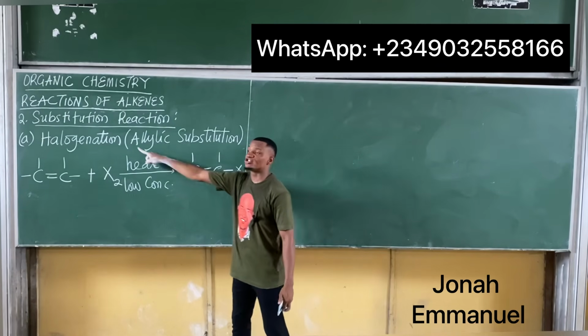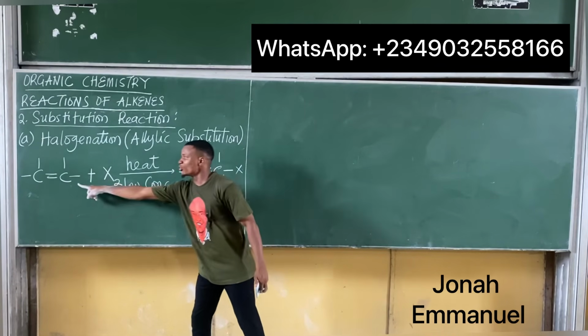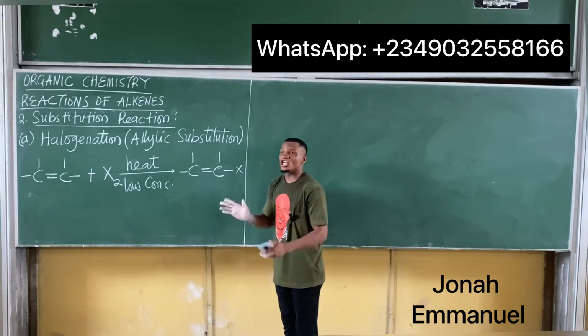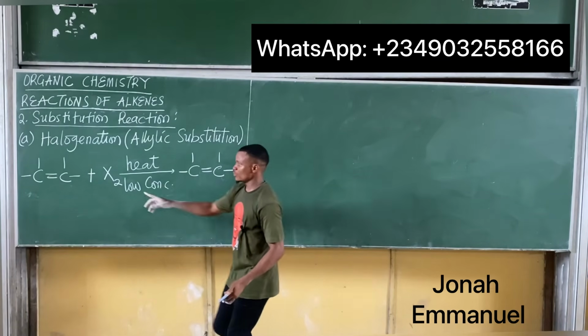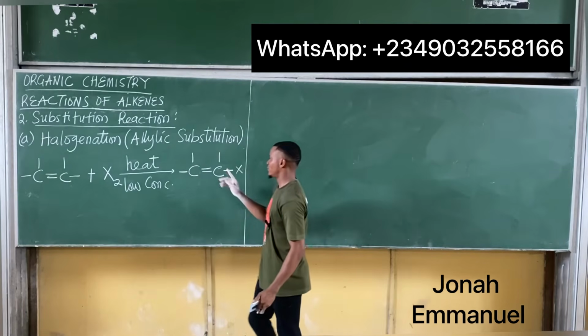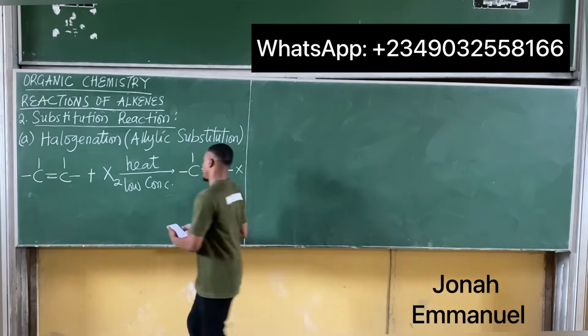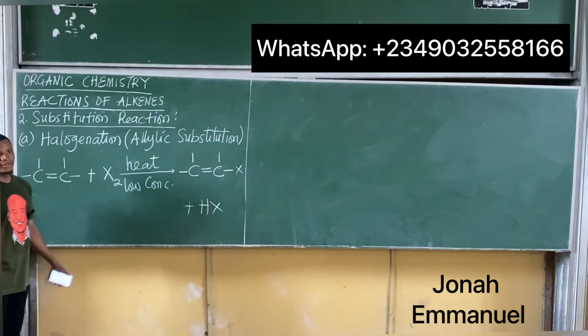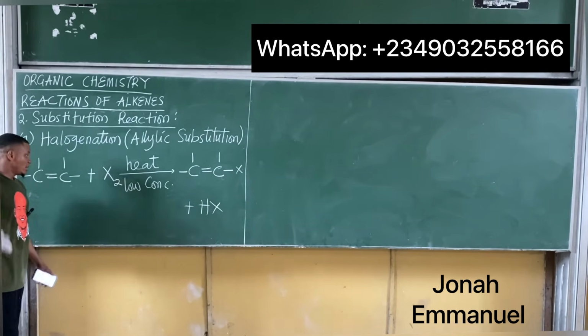For addition halogenation, go and check: it broke down to an alkane. For substitution, it doesn't break down. The hydrogen here will be displaced by one of these halogens, plus HX. That will be your last product. That's how it looks.